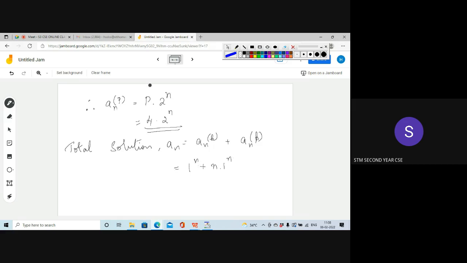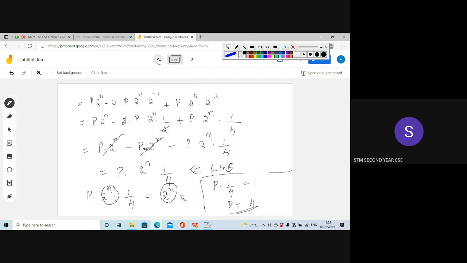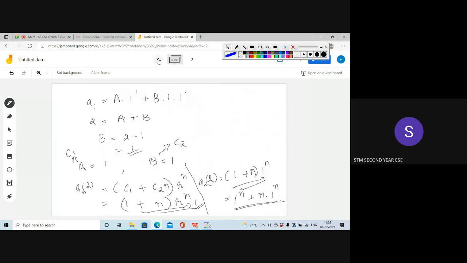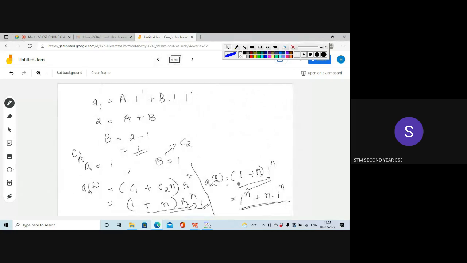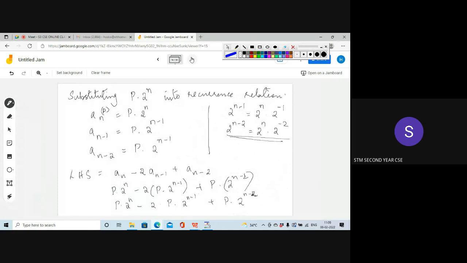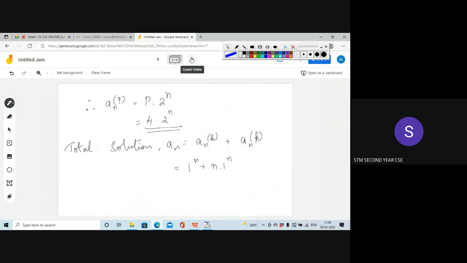Do you remember? We had found out the homogeneous part here, isn't it? Now I'm going to add the homogeneous solution and particular solution to get the total solution. So this is An of H plus the particular solution I have obtained here, that is 4 into 2 raised to n. So this is my total solution.